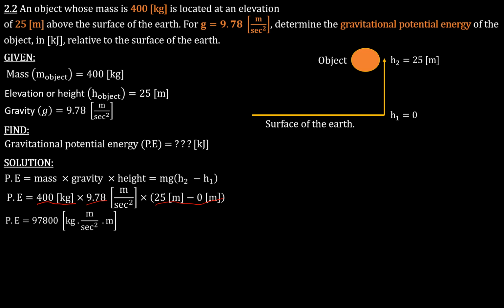The units are kilogram times meter per second squared. Kilogram is mass, meter per second squared is acceleration, and mass times acceleration is force, so the unit is Newton times meter. Work is force times distance, or Newton times meter, and that's the unit of joules, the unit of energy. But here we need the potential energy in kilojoules, so we divide 97,800 by 1,000, which gives 97.8 kilojoules.